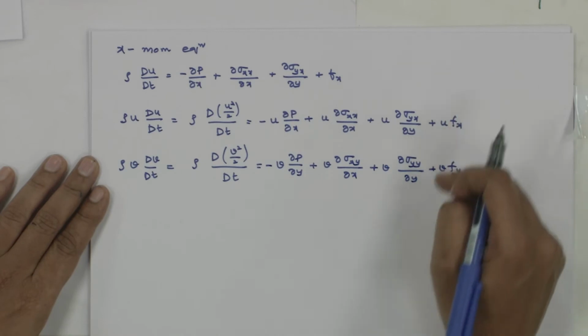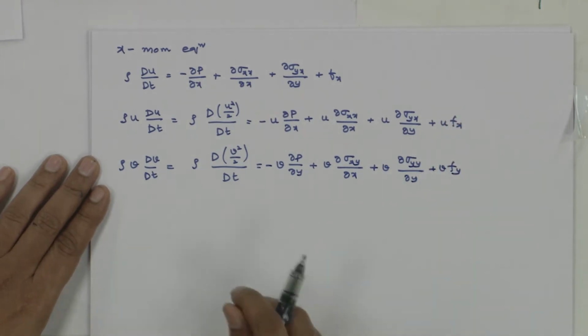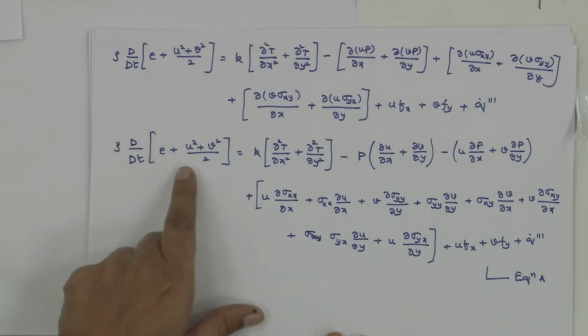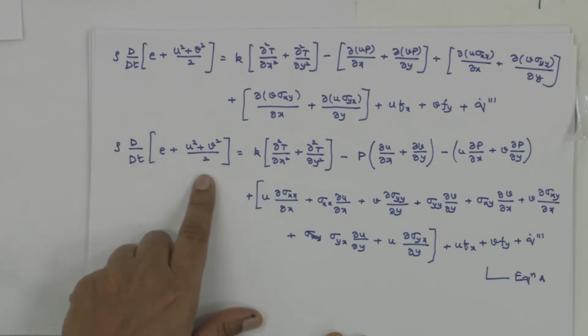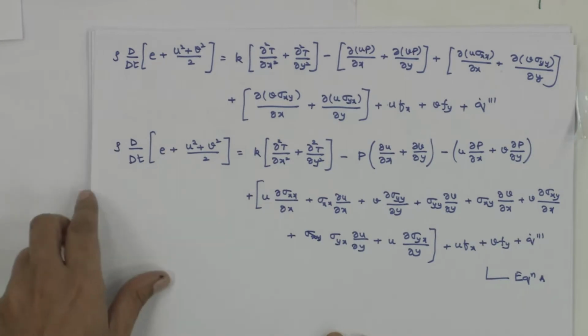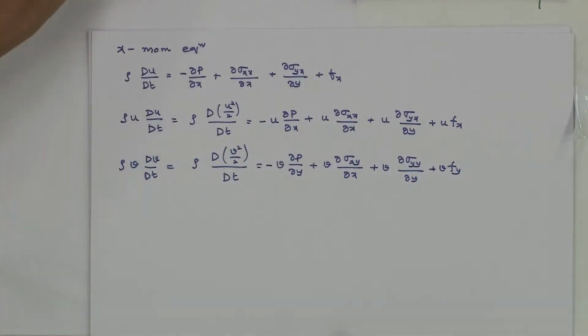Let me add these two equations. What am I trying to do? If you recollect, I have this d by dt of u squared plus v squared by 2 term. I just want to deduct that, and I want to do that through the momentum equation.